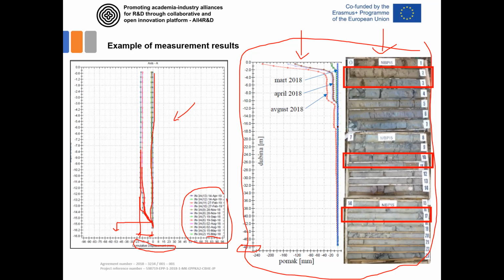Here we can see that at depths of around 60, 70 meters, also here at 10 meters, and especially here at 2 meters, we have a sudden increase in the horizontal displacement.